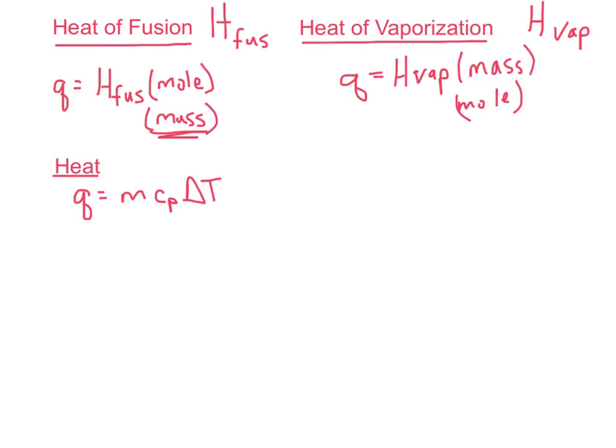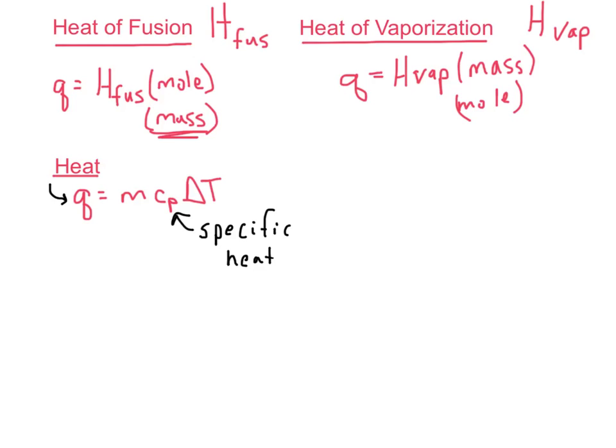Now on this one, you don't have to have it in Kelvin. If you put it in Kelvin, it's not a big deal because the difference in Celsius and Kelvin are going to be the same. So just heads up. Remember that CP is specific heat. So you might be given that, or you might be asked to solve for that. And this, of course, Q is just the heat.